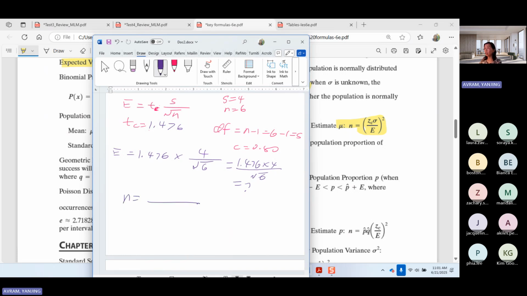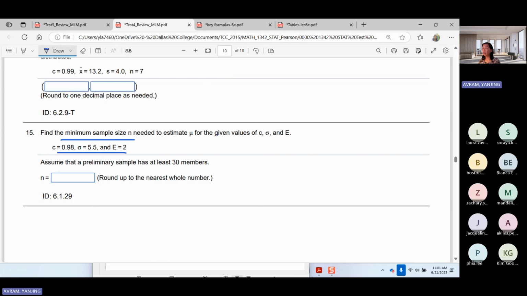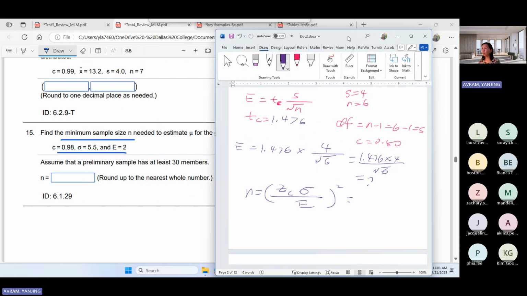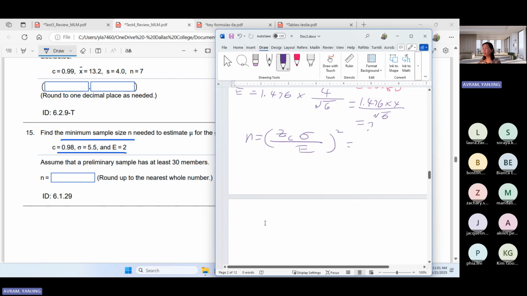The n here is z sub C times sigma over E, and don't forget you have to square them. I'm not going to do the detailed calculation, I'll just show you how to do that, because those detailed calculations take a little bit longer.